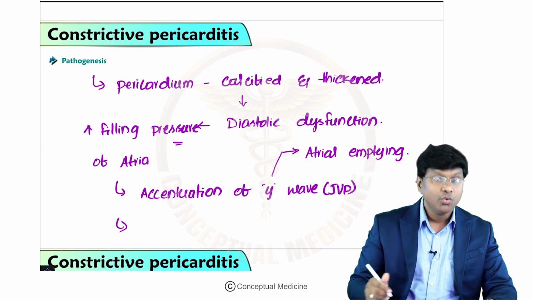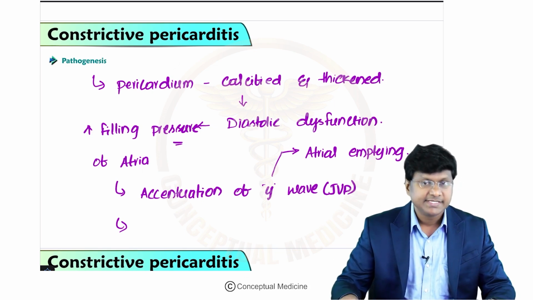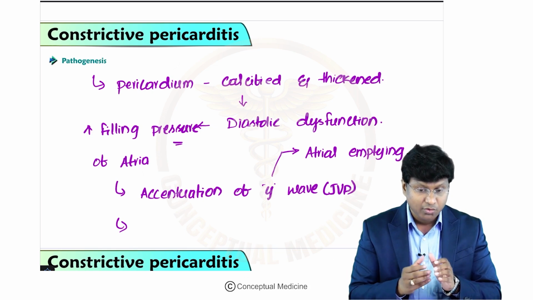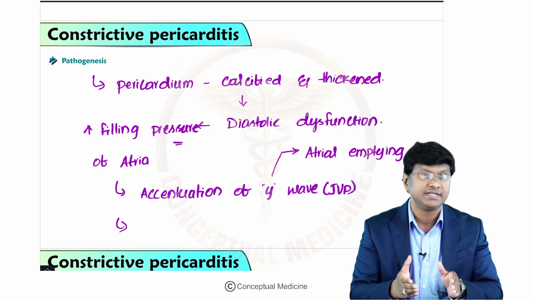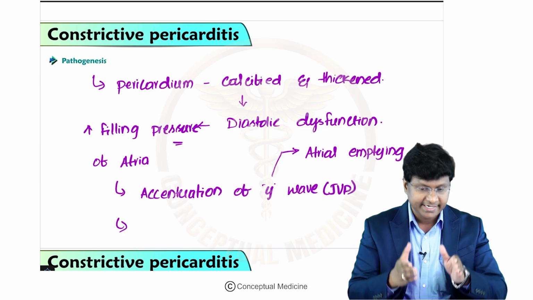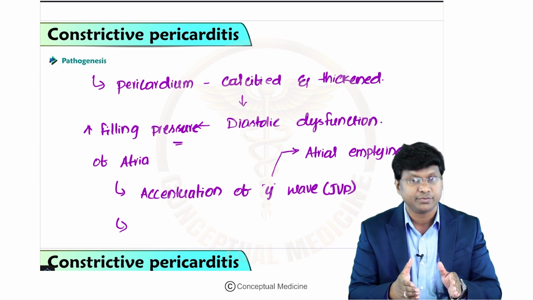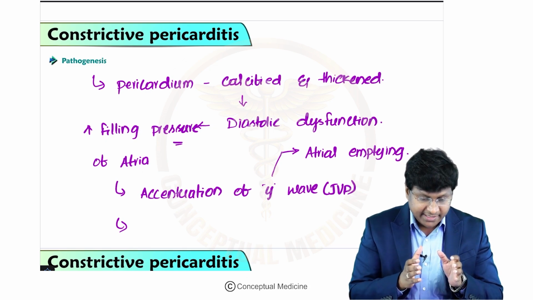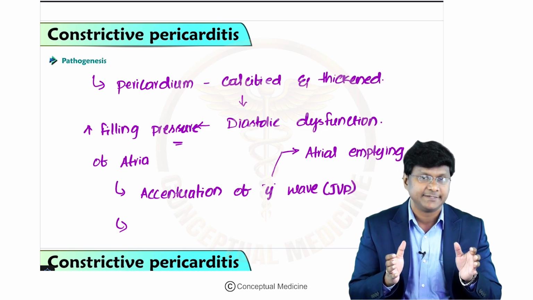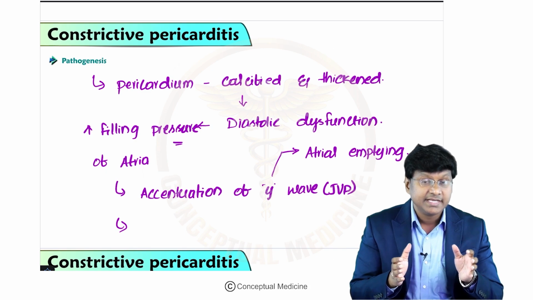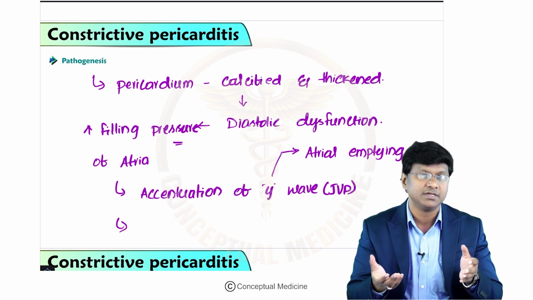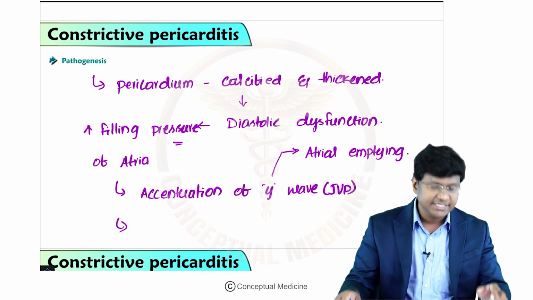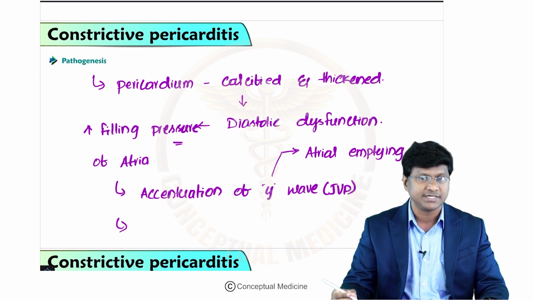And accordingly, what will happen to your X wave? X wave in the JVP is due to atrial relaxation. Because the atria are unable to send the blood into the ventricle, the atria are distended more than normal. That is what will happen in patients with constrictive pericarditis.